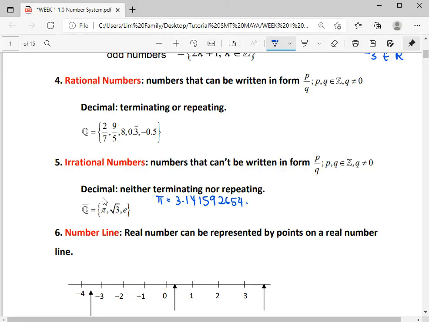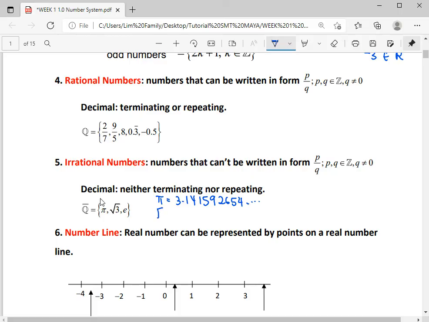It doesn't stop actually, because your calculator can only view up to 12 digits. So they can only see the front digits. Actually at the back there are still decimals that we cannot read. So this kind of decimal, non-terminating and non-repeating, is under irrational. So irrational means out from Q, not Q, so it's a Q with a bar.